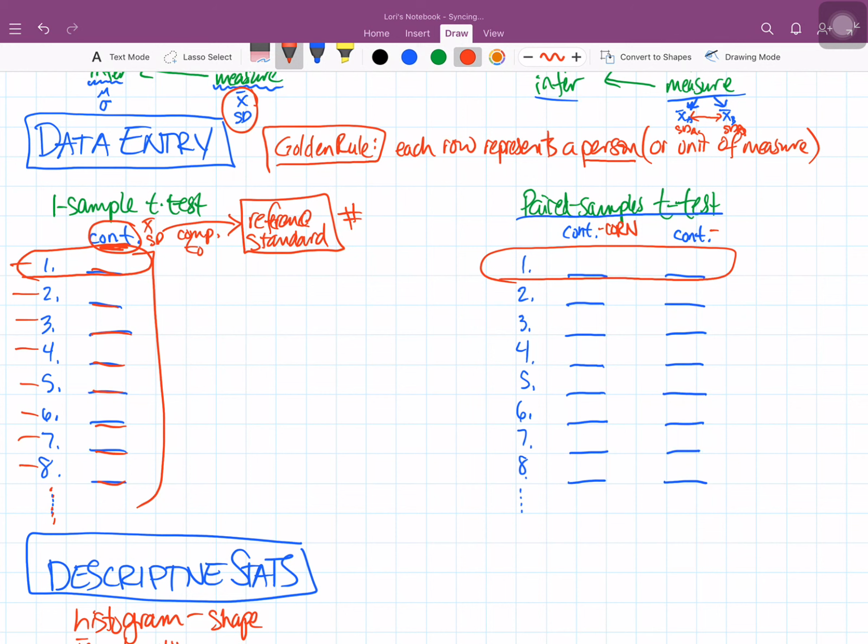So we would call this oat bran, or just plain oat for short. And remember, these are LDL measurements after the person has been eating that particular food for a given amount of time. The key here is that each individual ate both cornflakes and oat bran. So we're going to have some kind of LDL measurement at those 2 different time periods.